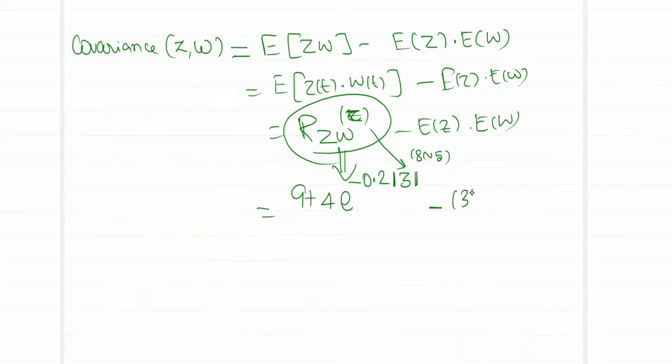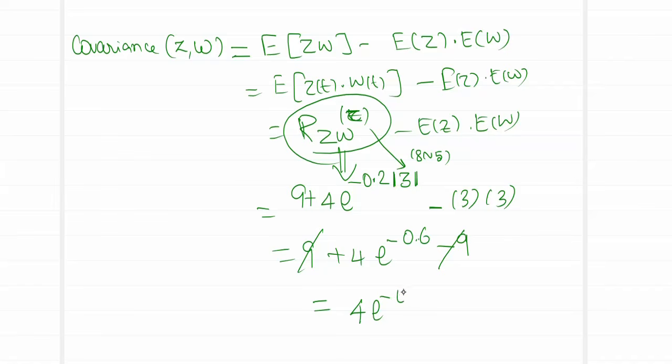So 3 times 3 makes it 9. You already have a 9 in front. E to the power minus 0.2 times 3, since it is modulus, so it is positive, makes it 0.6. Plus 9 minus 9 cancels off, leaving you with 4 e to the power minus 0.6. So this is going to be the value for your covariance.